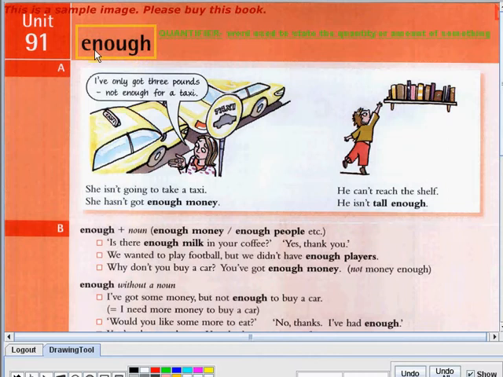When we say the word enough, we mean quantifier. So what is a quantifier? A quantifier is a word used to state the quantity or amount of something. Did you get that? And quantifiers answer the questions how many and how much.